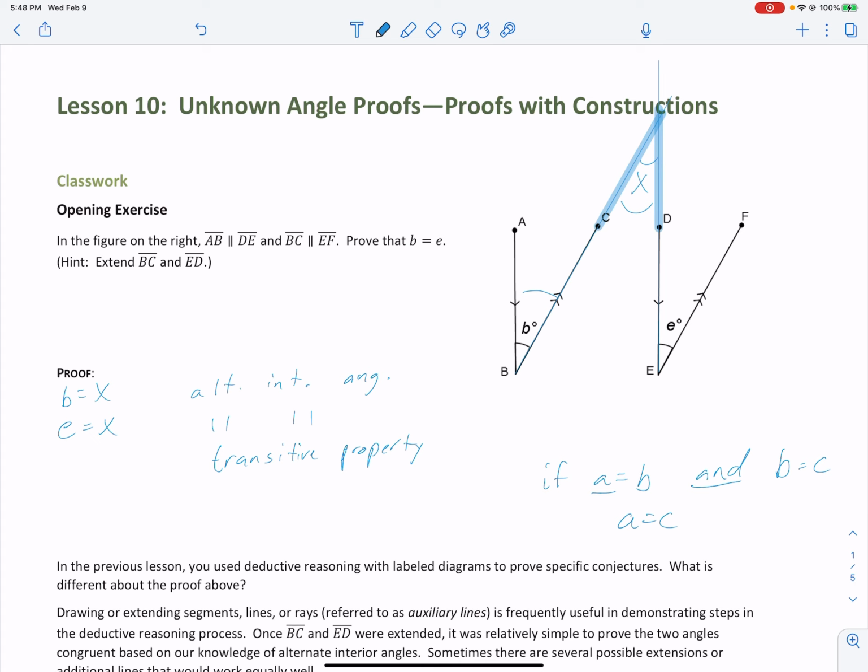I kind of jumped the gun on there. If A equals B and that same thing equals C, then A is equal to C.